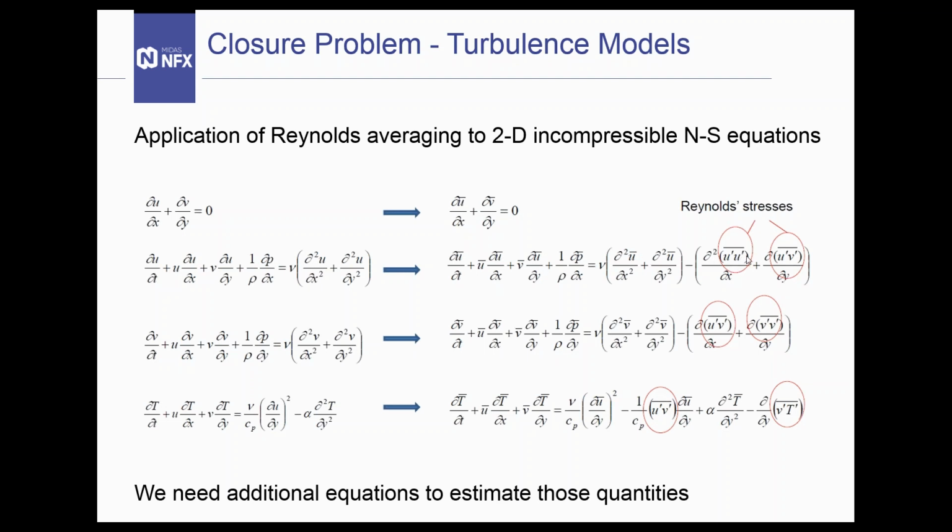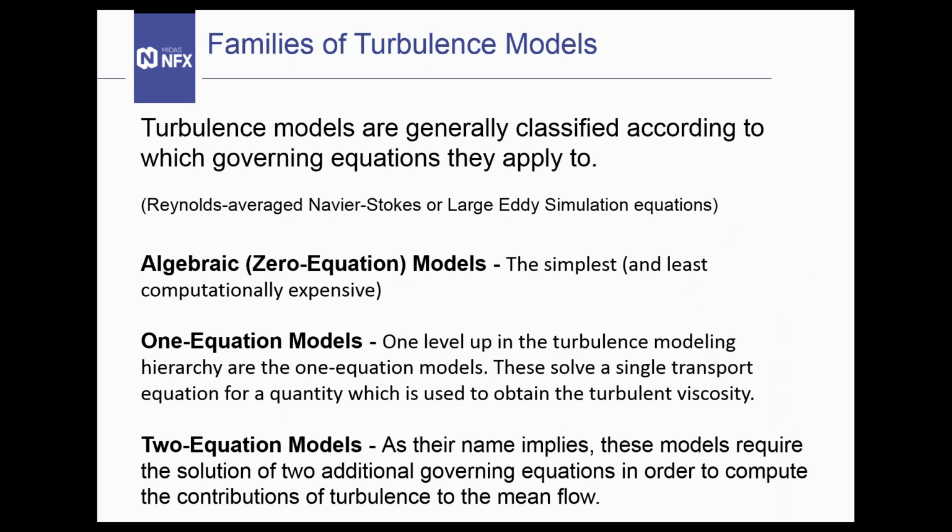We have to estimate these quantities to close the equations and get the solution. So that's the challenge, and this is why some turbulence models have been developed. This is one of the most important steps in CFD analysis, choosing the right turbulence model.